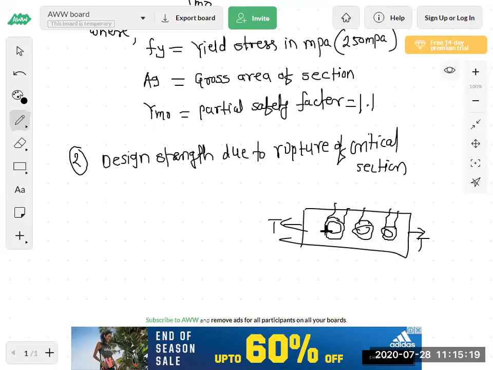It means the plate is under loading and the rupture will be there, or we can call it a bearing pressure. We have calculated bearing strength, so there will be bearing pressure on the plate, and at that time cracks will be there throughout the plate, and the rupture failure will occur.